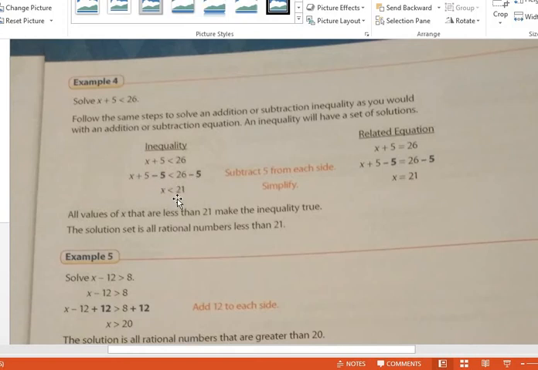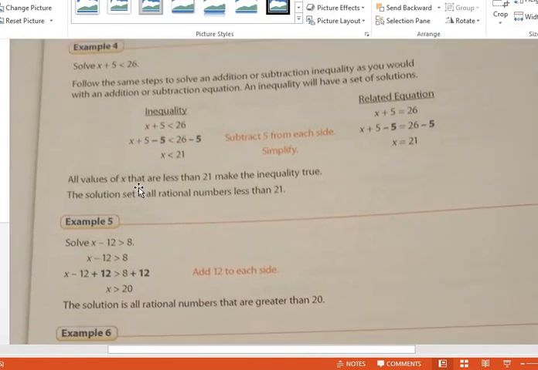So x is less than 21. All values of x that are less than 21 make the inequality true. The solution set is what? All rational numbers less than 21.